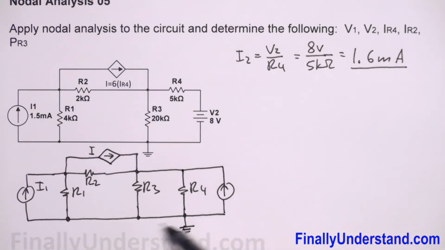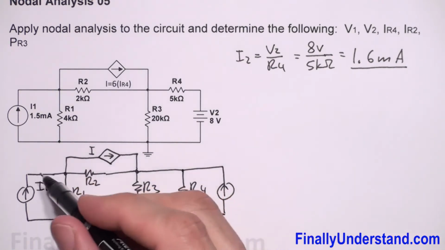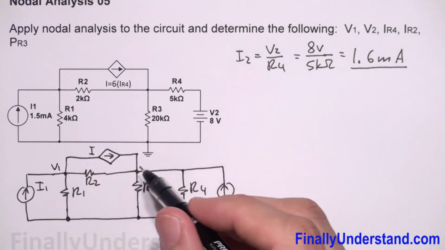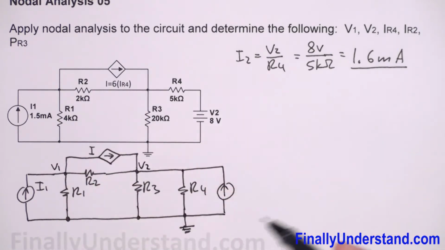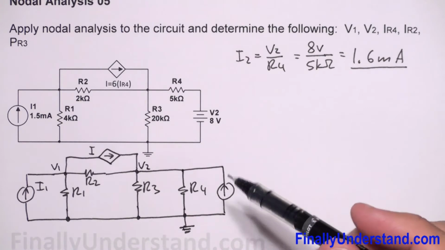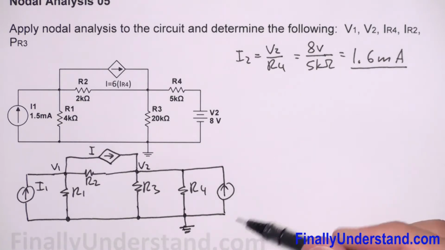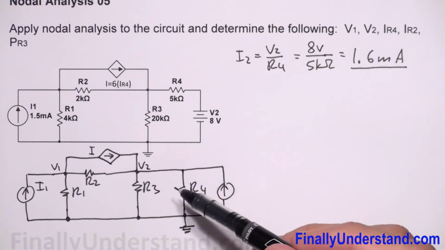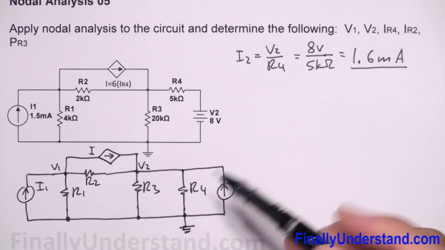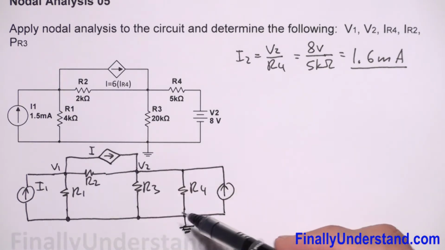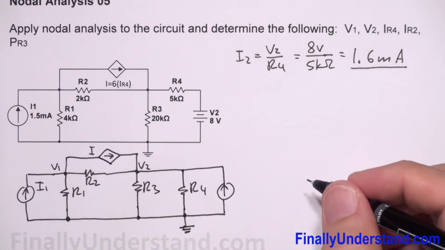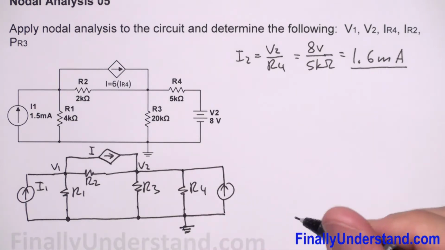So this is my reference node, this is my node V1, and this is V2. I have 3 nodes, and to find the number of equations needed to solve this problem, I have to subtract 1 from the total number of nodes. So 3 minus 1 gives me 2, which means I have to find 2 nodal equations for this circuit.